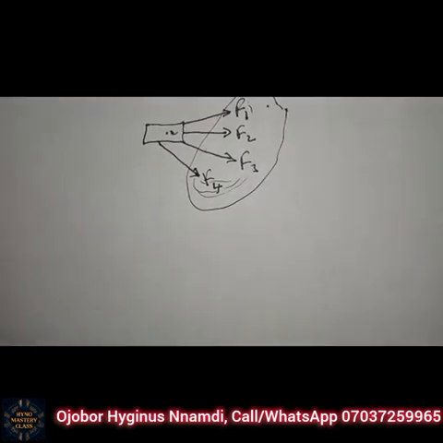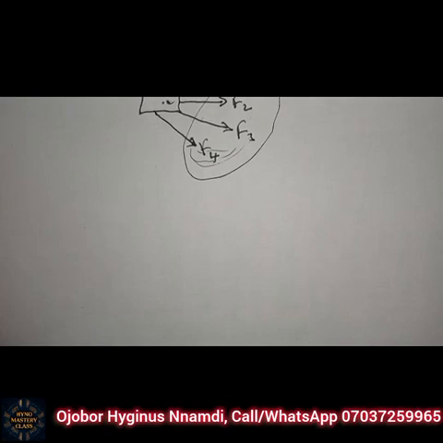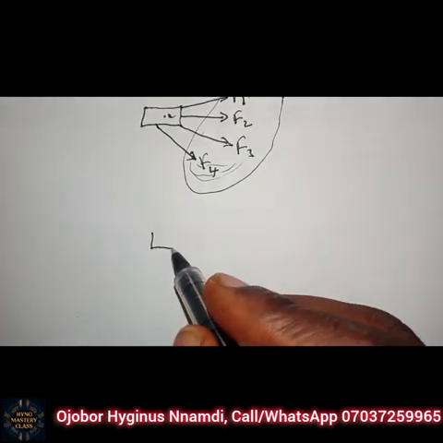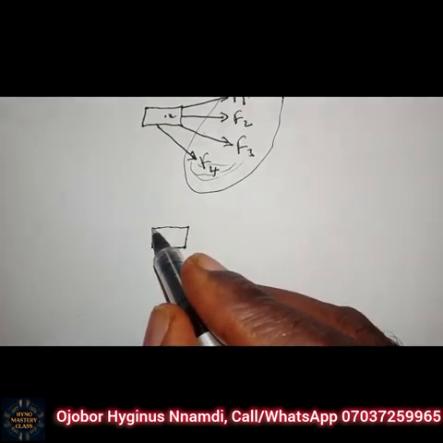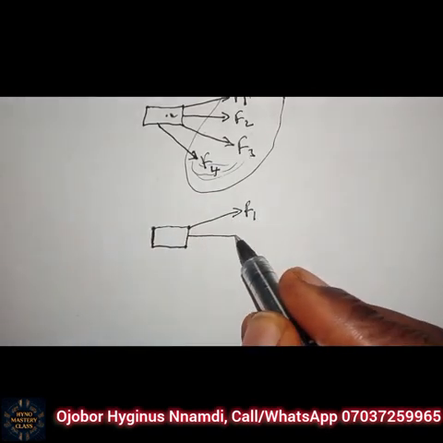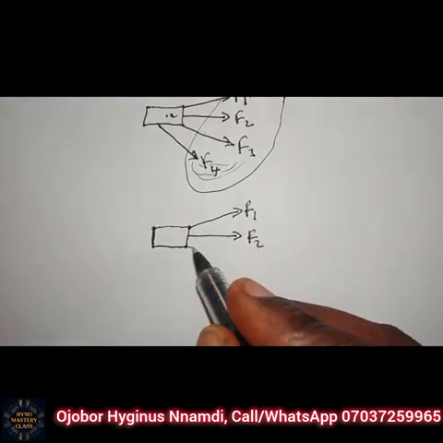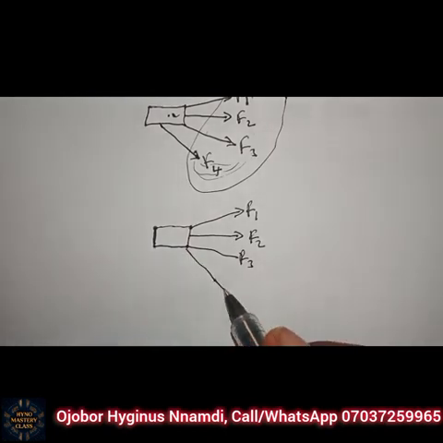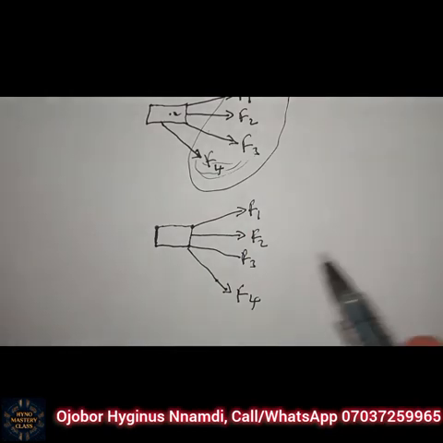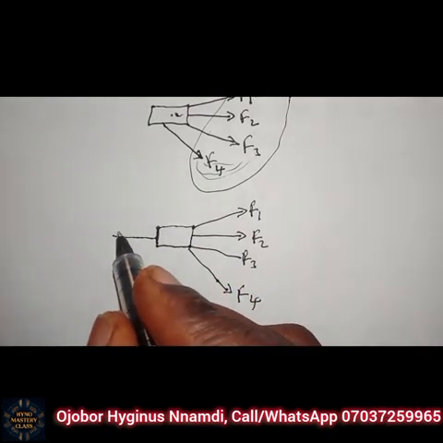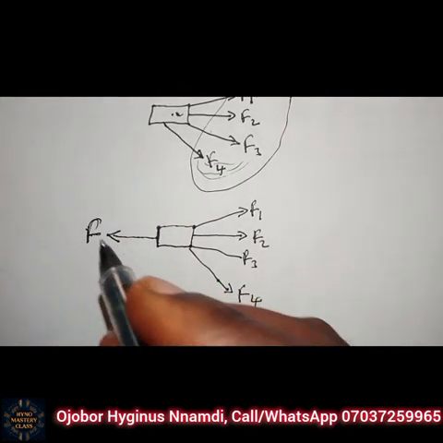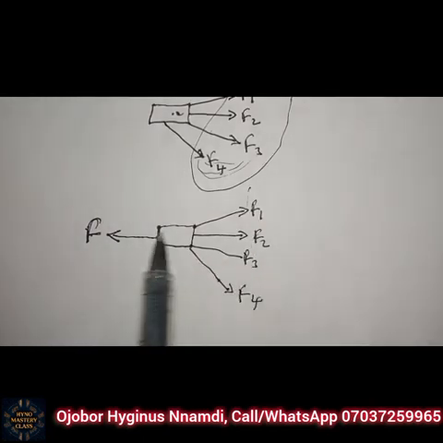What is an equilibrant force? An equilibrant force is still the same force as the four forces put together. The only difference is that it acts in the opposite direction. If these four forces, F1, F2, F3 and F4, are meant to pull this object to the right, and then another force is applied to pull this object to the left, this force is preventing these four forces from pulling the object.